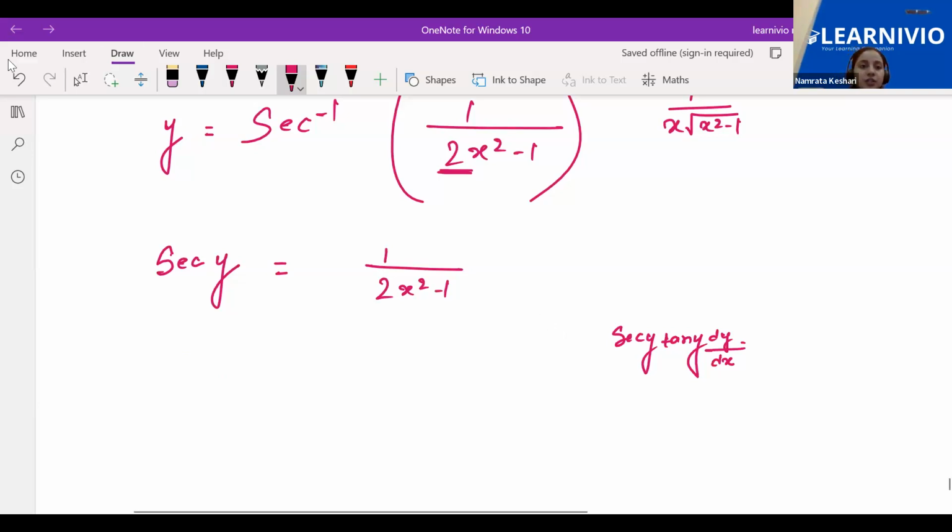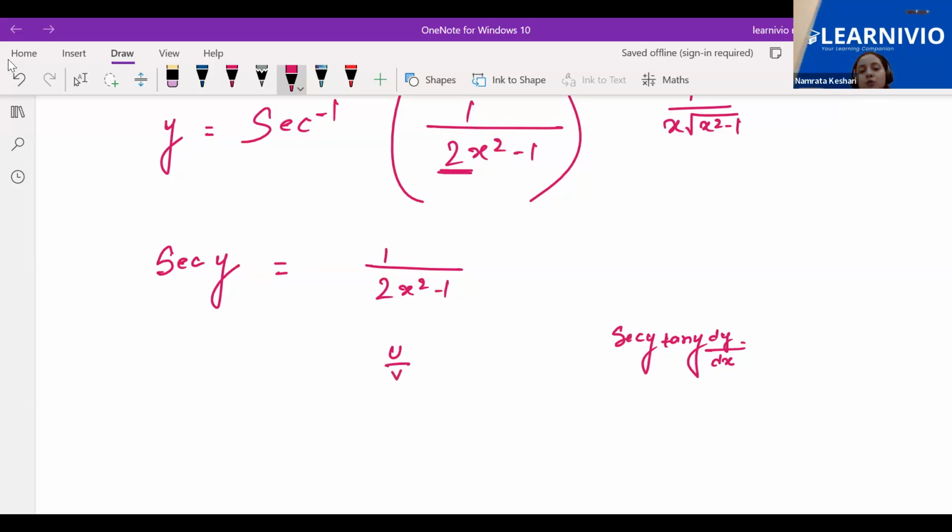Just a second, let me check it on pen and paper. Here, if we try 1 by 2x square minus 1, this is the UV rule.